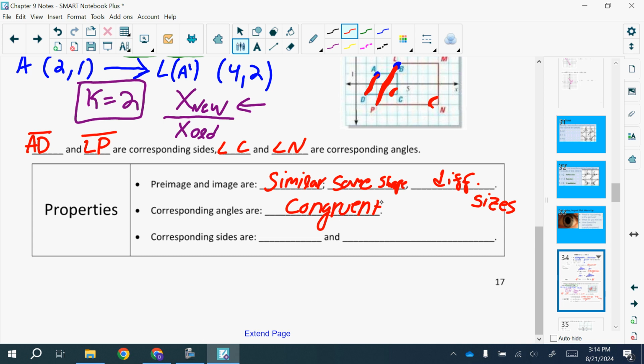The corresponding sides are parallel, and proportional in length.